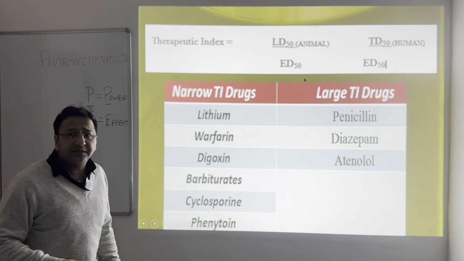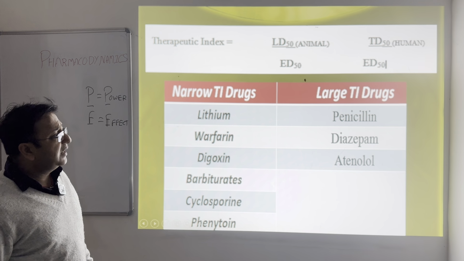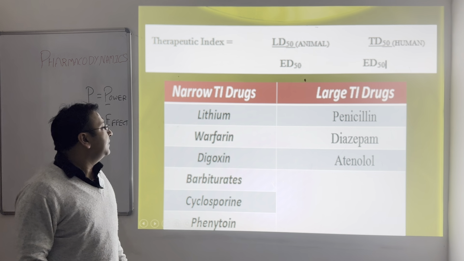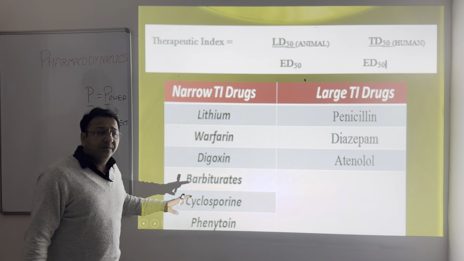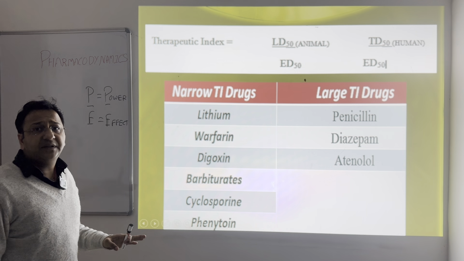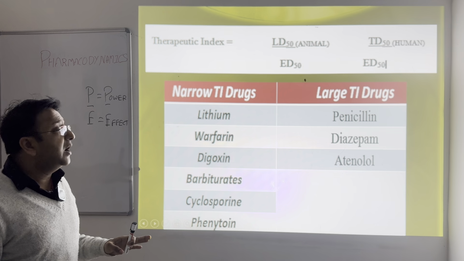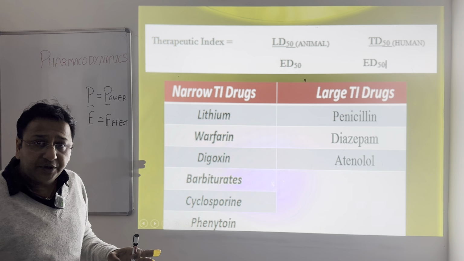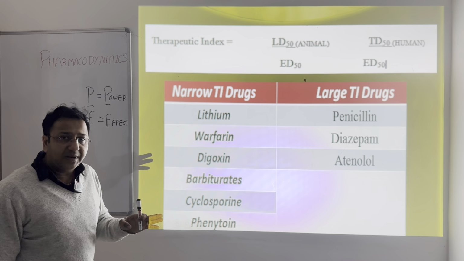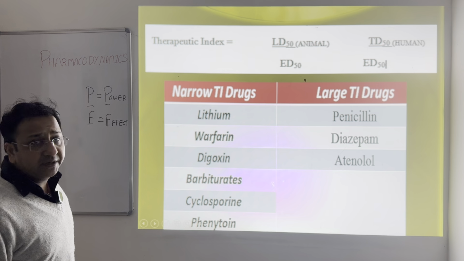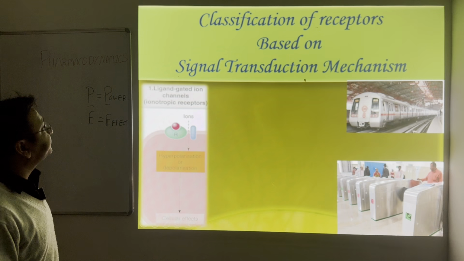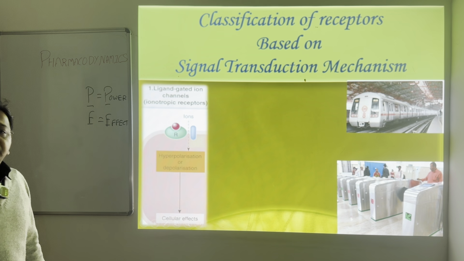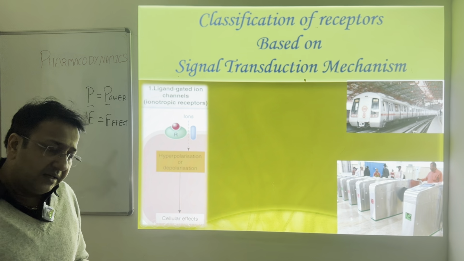And drugs having a large therapeutic index, mostly antibiotics: penicillin, diazepam, atenolol. Lithium and warfarin are very important. So narrow therapeutic index drugs will require therapeutic drug monitoring, or we call it the plasma concentration level is monitored before changing the dose.